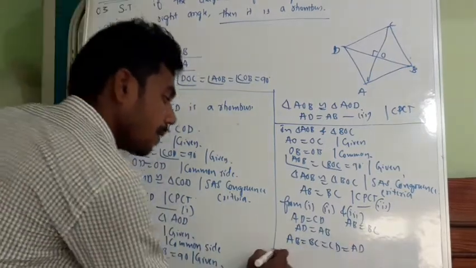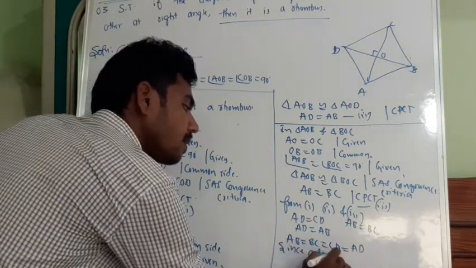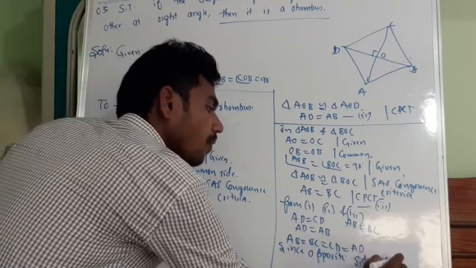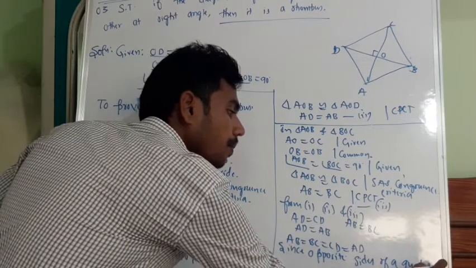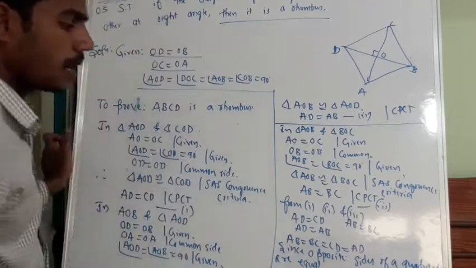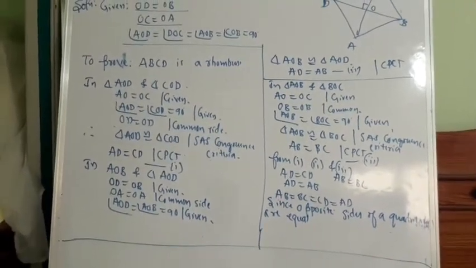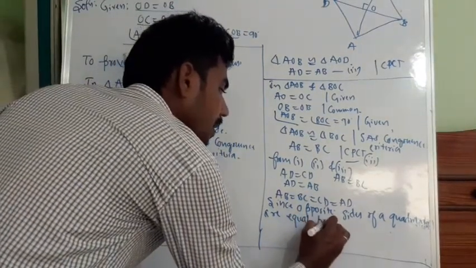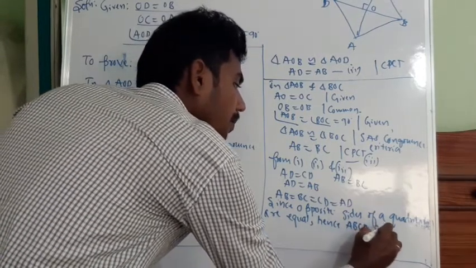So what can I say? Since opposite sides of a quadrilateral are equal, hence ABCD is a parallelogram.